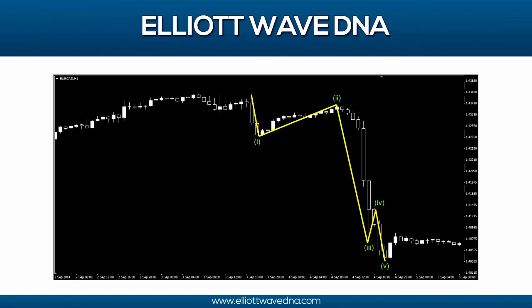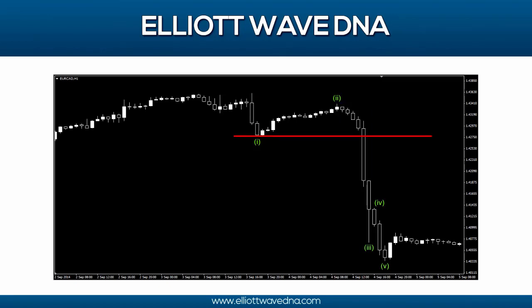But I want to focus more on the rules on charts like this. We know that wave 2 needs to hold below the starting point of wave 1, and here that was true. After that, wave 3 cannot be the shortest wave. In this case, wave 3 was the strongest wave of waves 1, 3 and 5, so this rule was also okay.